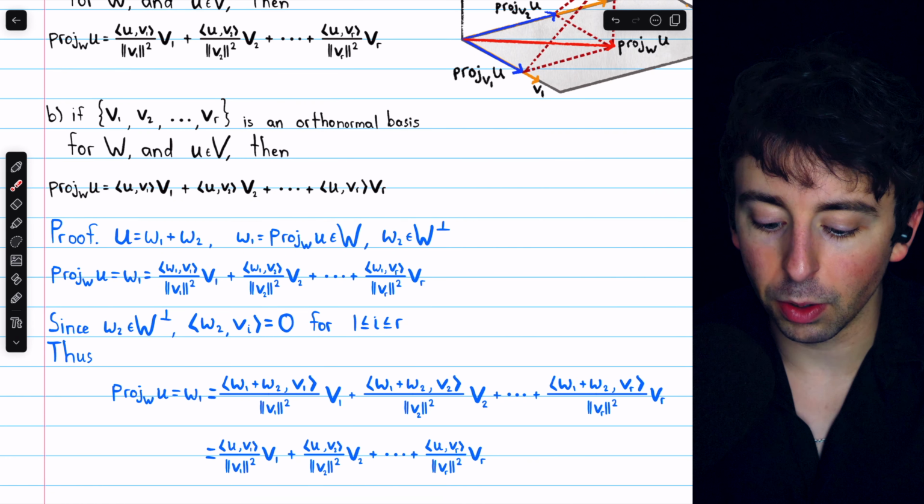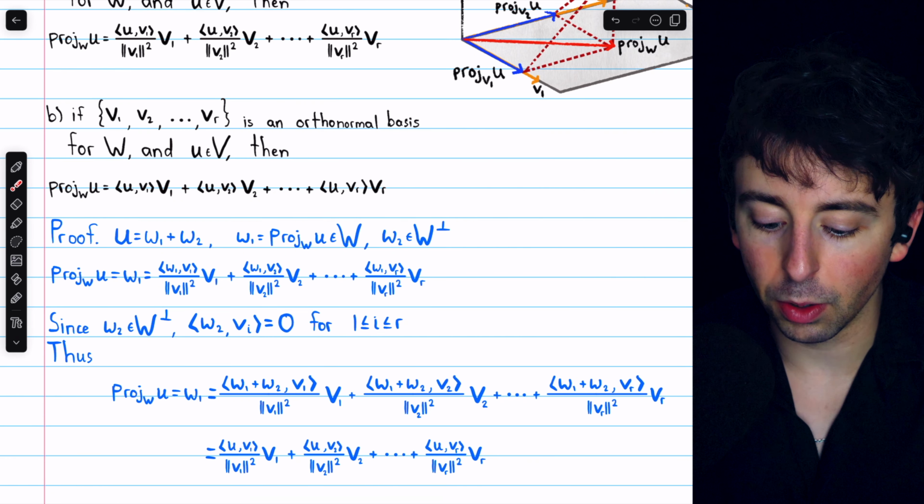Hence, if we were to add w2 into all of those inner products in the left slot, so now we have w1 plus w2, w1 plus w2, w1 plus w2, that actually wouldn't change anything. If you imagine actually doing these computations, by the additivity property, we could split this inner product into the inner product of w1 with v1, just like we had before, plus the inner product of w2 with v1, which we know to be 0.